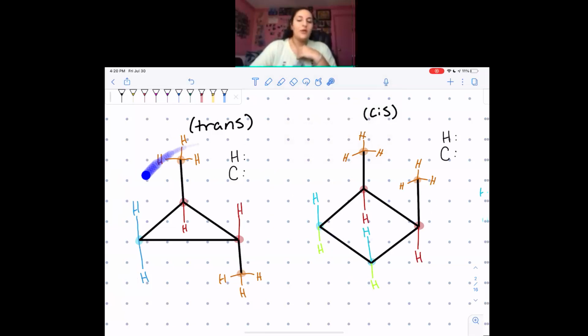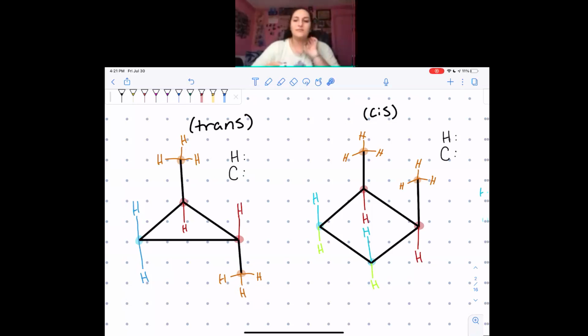So for the cyclopentane, we can see in 3D how some of them point up, some of them point down, and we have one methyl pointing up and one methyl pointing down. So even though they're pointing in opposite directions, there is still symmetry here because we can rotate, and if we hold this in place and just rotate this thing, it will end up down here.